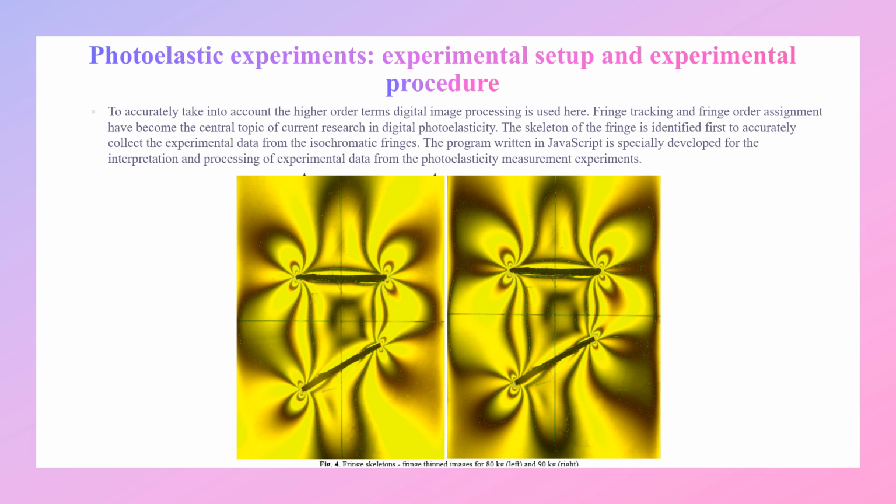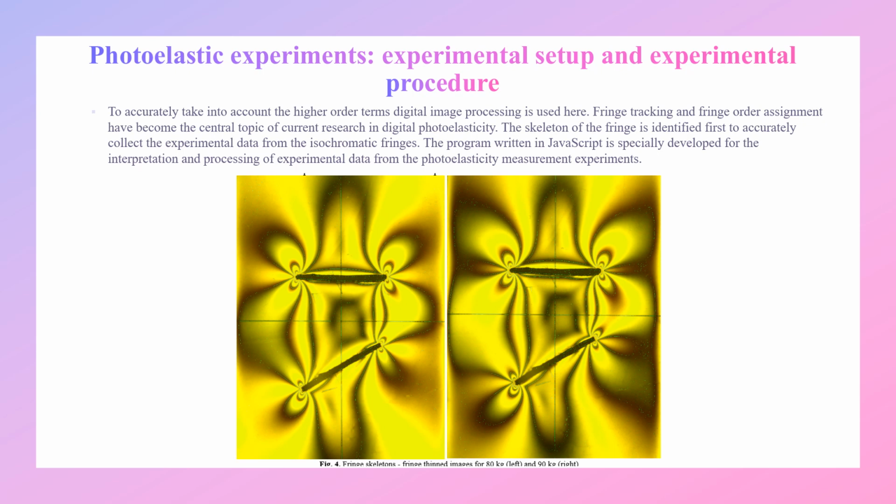First of all, I would like to say that to accurately take into account the higher order terms, digital image processing is used here. Fringe tracking and fringe order assignment have become the central topic of current research in digital photoelasticity.